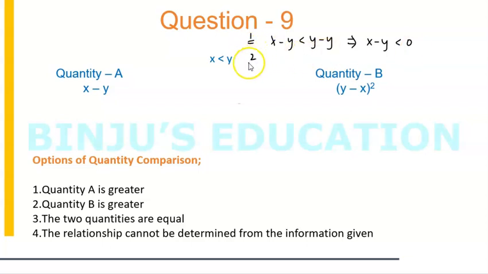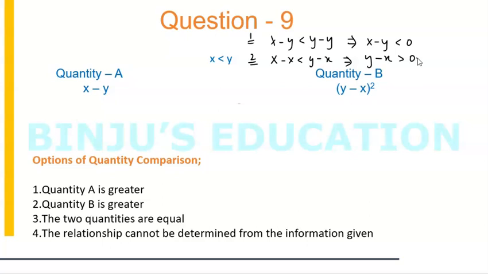Second is, let me subtract x on both the sides. So x minus x is less than y minus x. So this gives me y minus x is greater than 0, or 0 is less than y minus x. It's the same thing one way or the other.